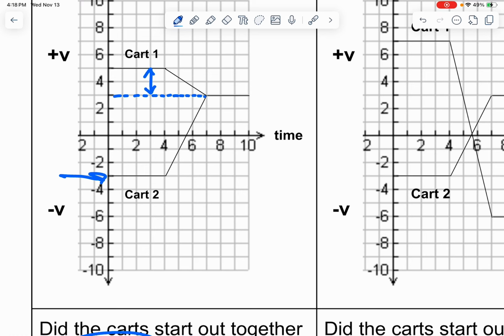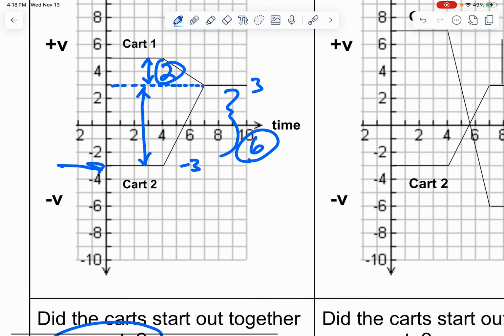It went down from, say, 5 to 3, so a quantity of 2. But cart 2 went up all this amount here, from -3 up to 3. So the change that it experienced was 6 total squares. So when we think about which one changed the most, I think cart 2 changed the most.